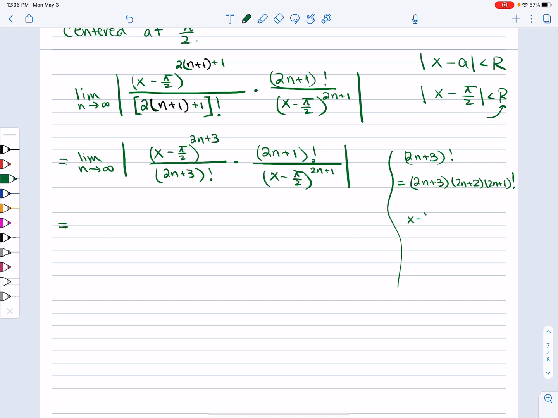The x minus pi over 2 to the 2n plus 3 is really equal to x minus pi over 2 to the 2n plus 1 times x minus pi over 2 to the second. So if we simplify this, in terms of the powers, this will simplify to a power of 2.